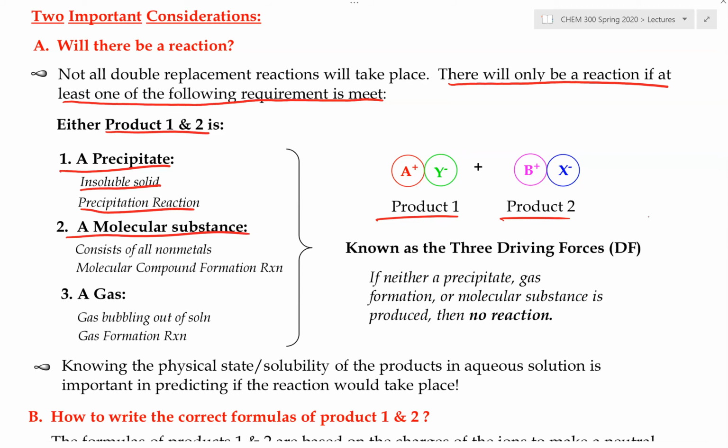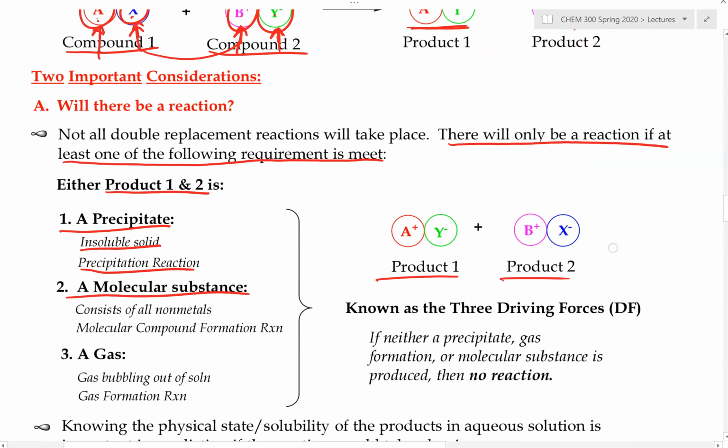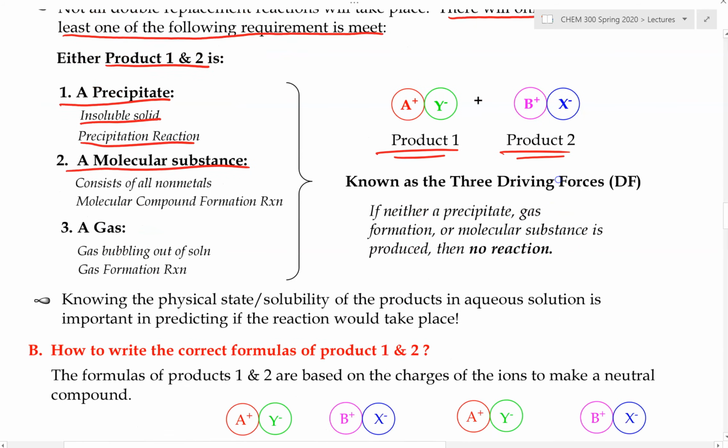To recognize a molecular compound, when we look at the formula of AY and BX, if either AY or BX consists of all nonmetals, then we know that it is a molecular compound. And if either AY or BX is a molecular compound, this type of reaction can also be referred to as a molecular compound formation reaction.